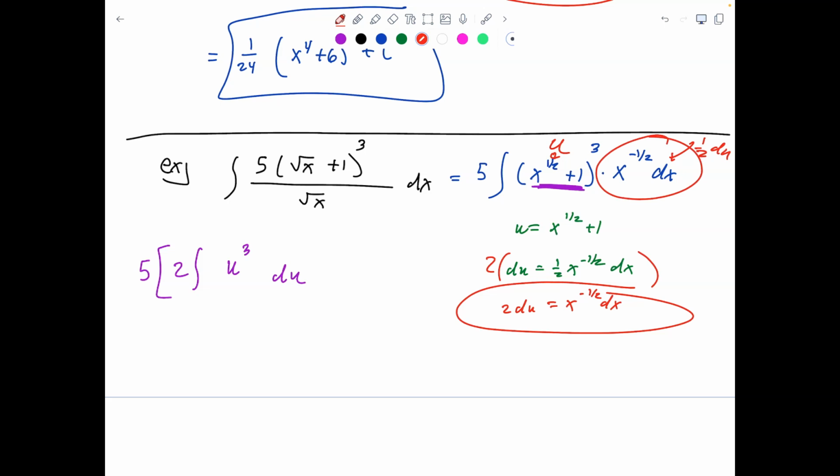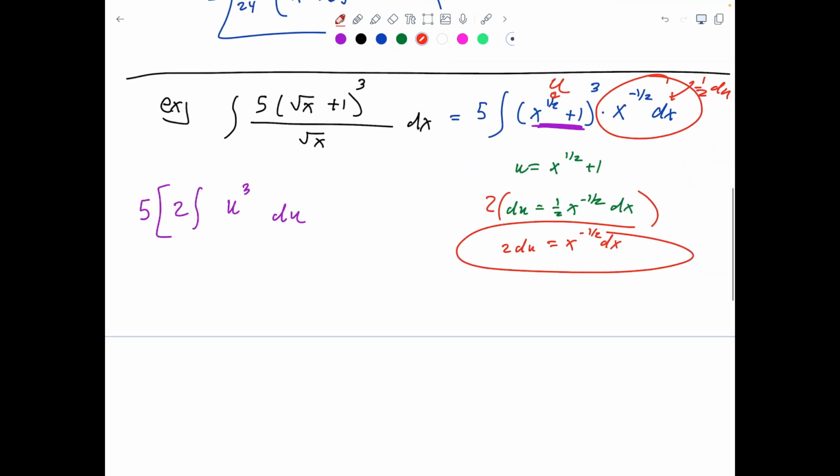Again, if you're saying the word x, you've already done it wrong, because everything's substituted out. It's replaced. You're changing the variables.